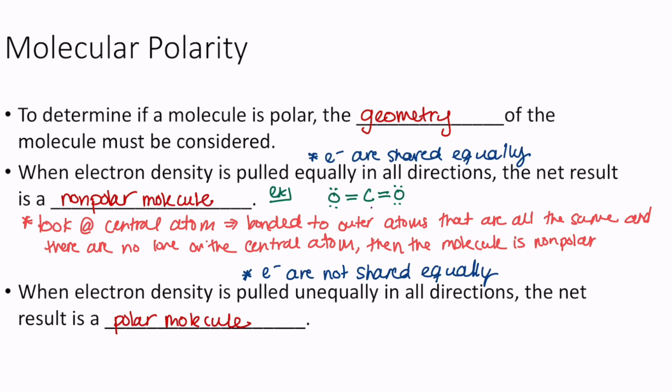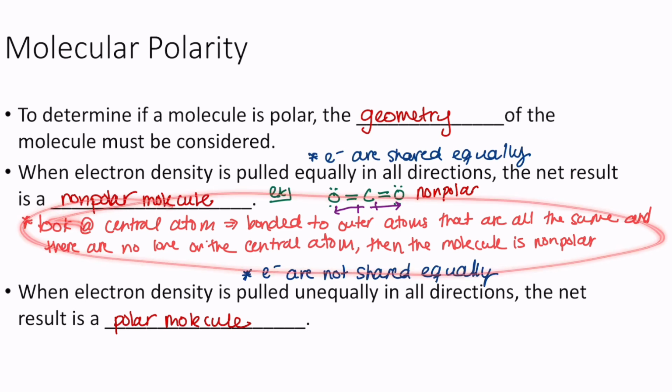So that means they're going to shift from the carbon to the oxygen. However, those shifts are happening in equal and opposite directions, so they kind of cancel each other out. So our molecule is going to be nonpolar. And if we check this rule right here, I have my carbon. There are no lone pairs on my carbon at all, and it's bonded to the same outer atoms. It's going to be nonpolar.